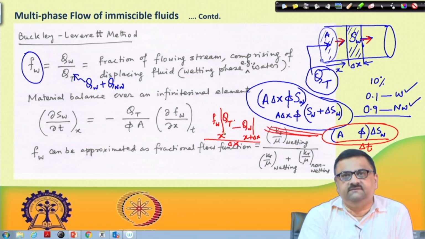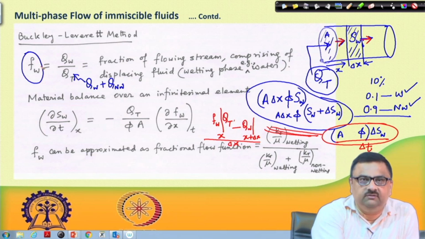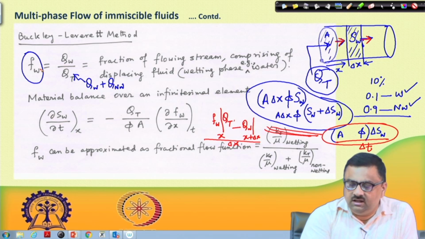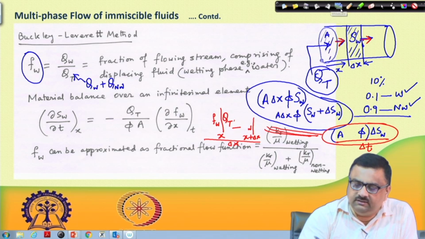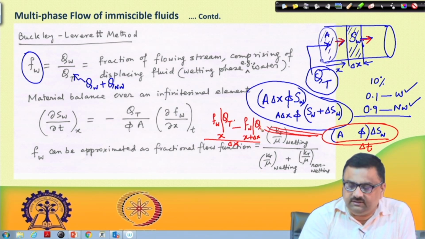So, FW is varying over length. So, FW into QT, why? Because FW into QT is equal to QW. We know that is how the FW is defined. And similarly, here also we do the same thing. Here we write FW at x plus delta x into QT.